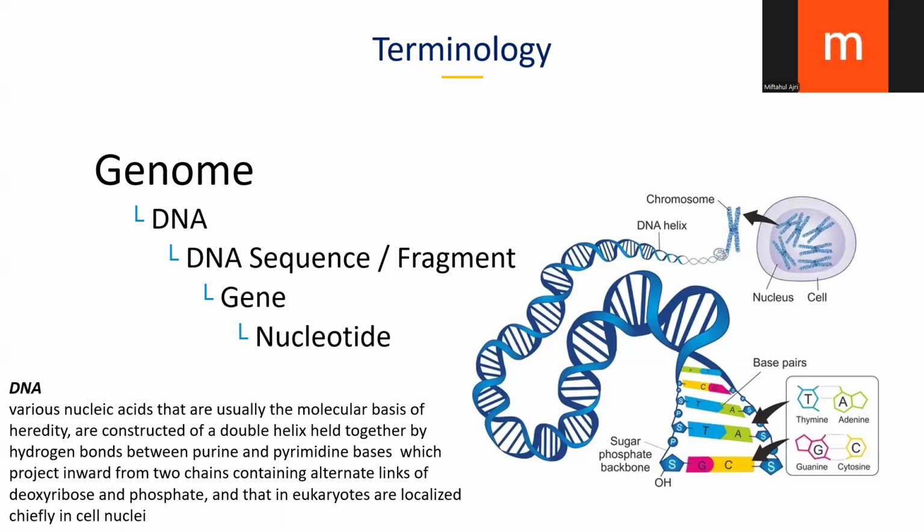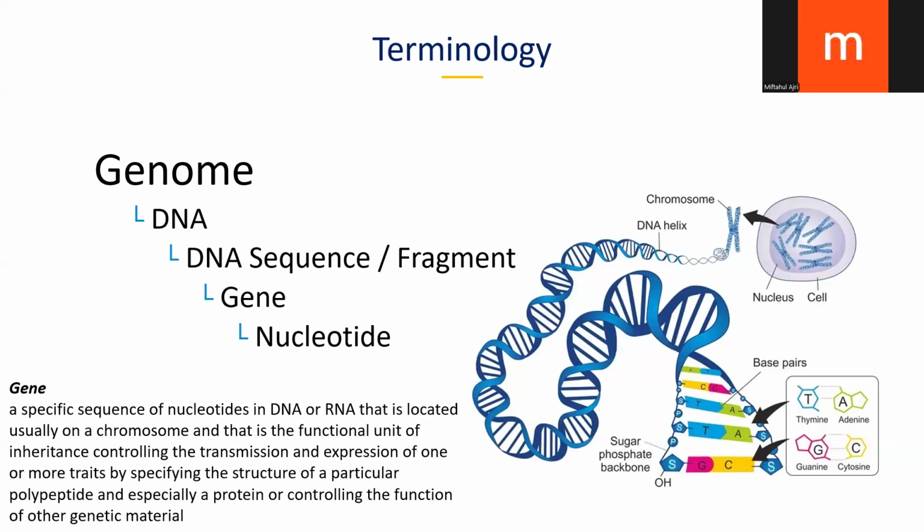So these bases, A, T, G, C, are arranged in sequences that form genes, the unit of inheritance. The gene may be expressed as a protein. A gene is a specific sequence of nucleotides in DNA or RNA that is usually located on a chromosome.